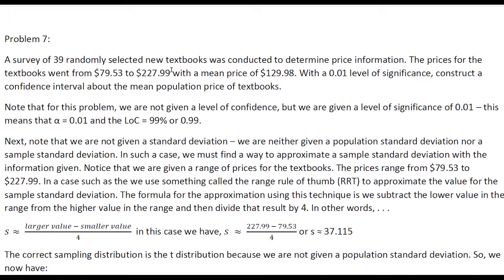Now notice that this problem does not have a population standard deviation, nor does it have a sample standard deviation. So what do we do? The only thing we can do is read into the problem and come up with an estimate for my standard deviation.